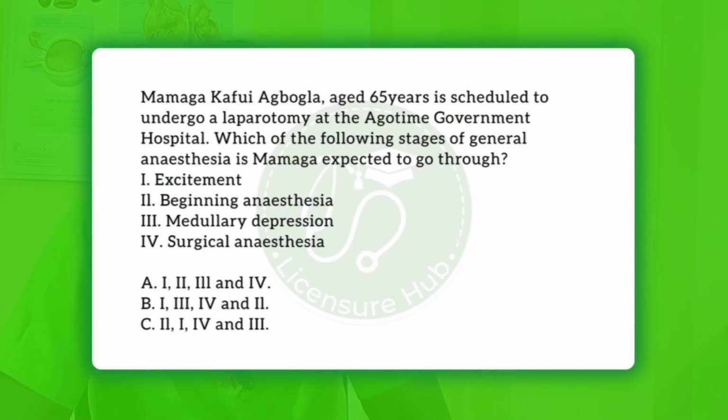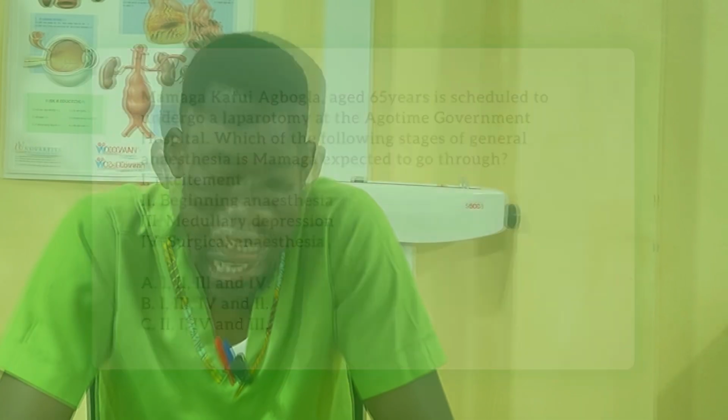Looking at the options given on the screen, A says I and IV. B looks at I, IV, and II. And C looks at I, IV, and III. The question is asking us to choose our answer based on the sequence that the patient will go through.